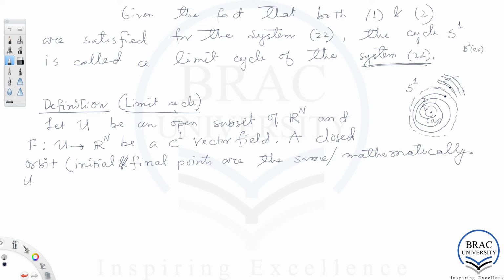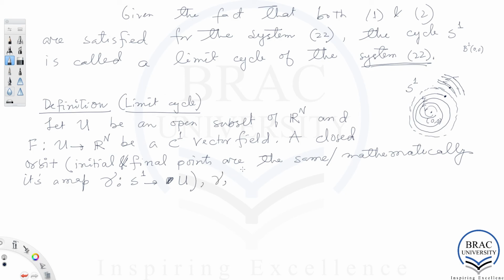it's a map gamma from S1 to R to the n. Well, I don't write R to the n, but the open set, because I want the closed orbit to be in the open set. So let's write U in the lecture note as well.